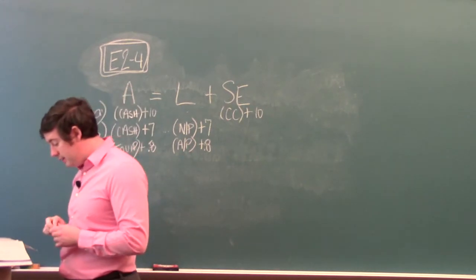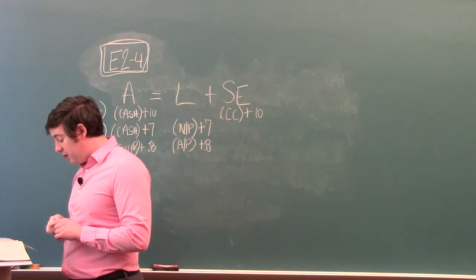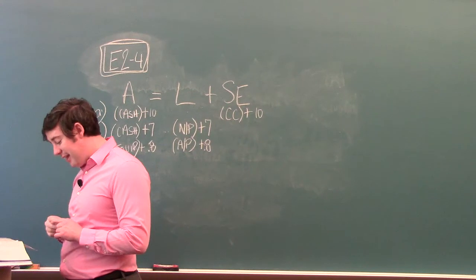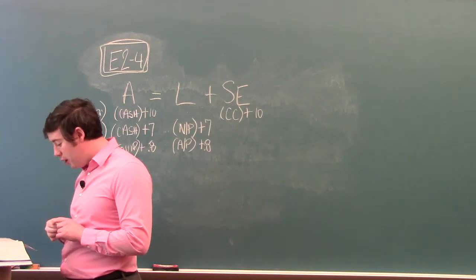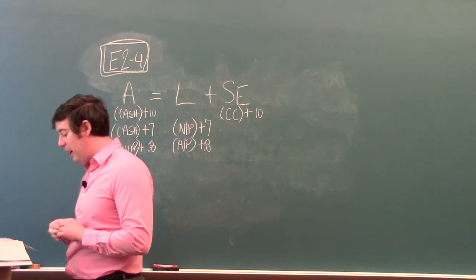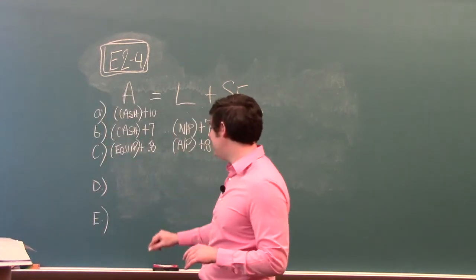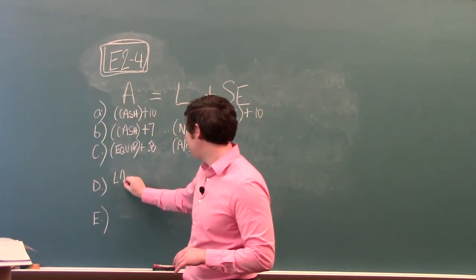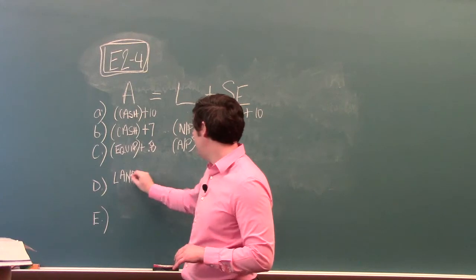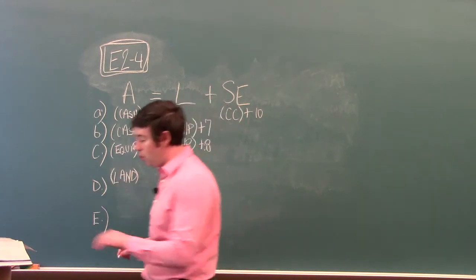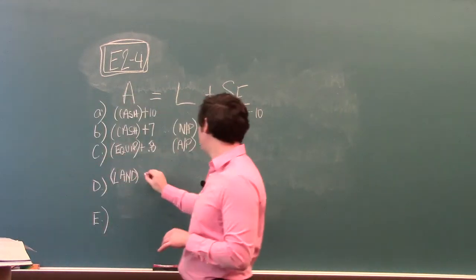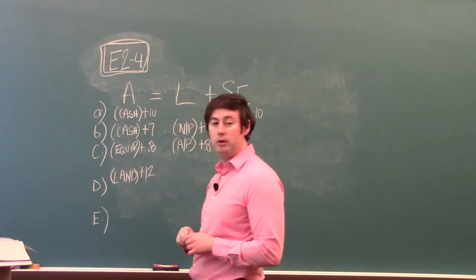Next one is purchased land for $12,000, paid $1,000 cash, and signed a long-term note for $11,000. So in this instance, we purchased land, so land's obviously increasing here. The total amount of the land was $12,000, so we'll increase $12,000 here, okay?